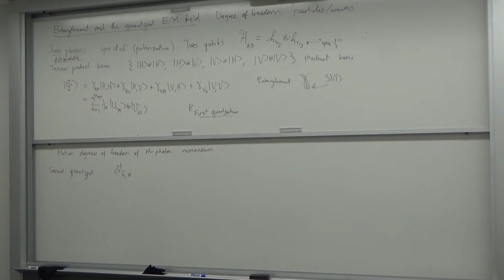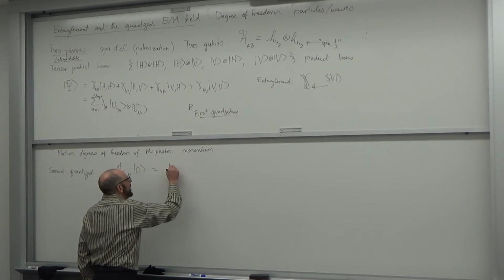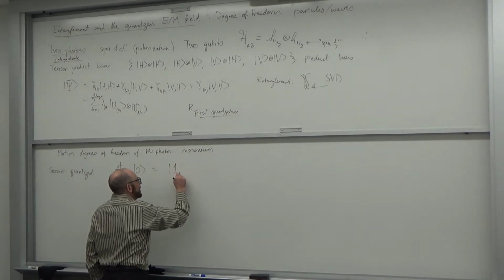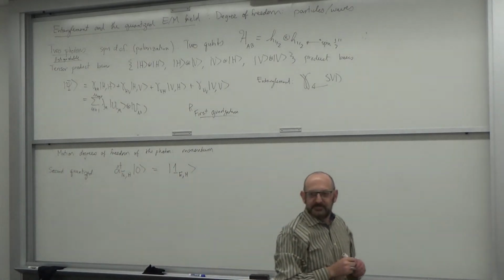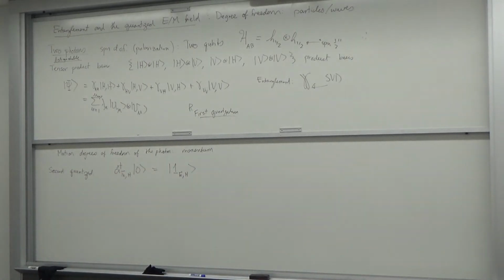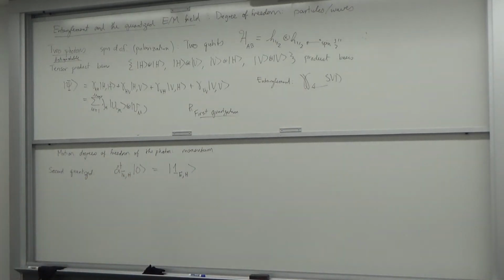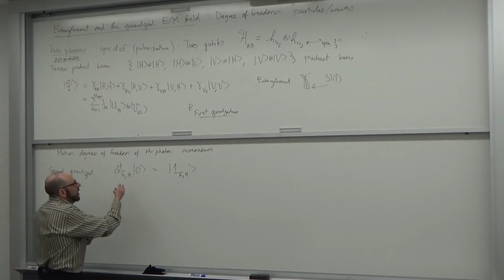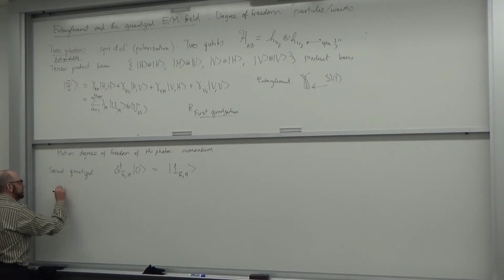If I applied that to the vacuum, I'd get one photon with that momentum and that polarization. Or I could create a photon in the vertical polarization, for example.